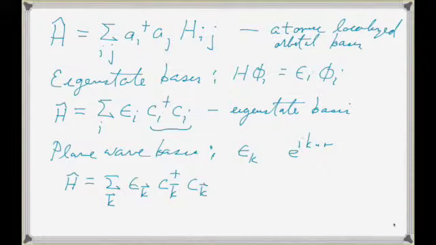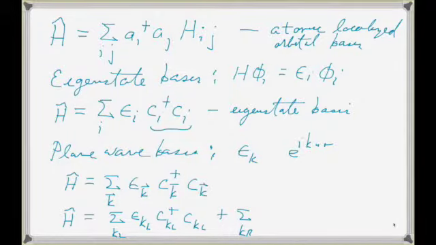And if we wanted to write this in terms of our scattering state basis, we could say that H, you just break it up into two parts, right? Sum over k left of e_k left c_k left dagger c_k left, plus sum over k right.